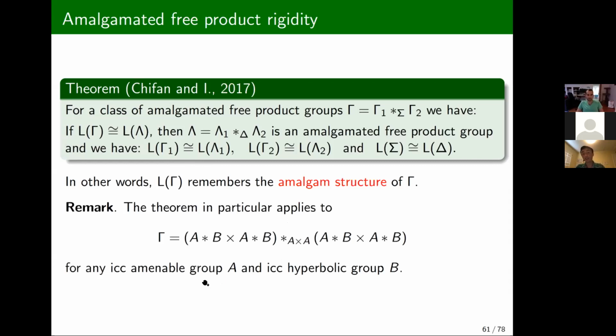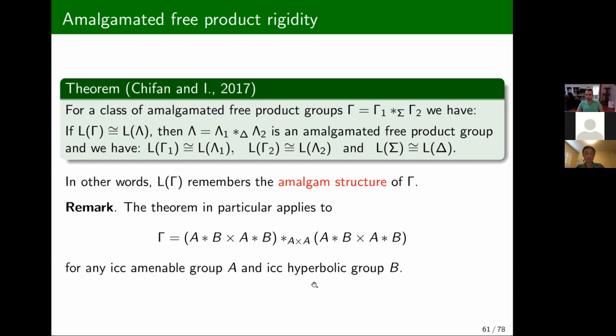So it applies in particular to the following groups. You take any ICC amenable group A, such as S infinity, and you take any ICC hyperbolic group B. And then gamma 1 will be the direct product of A free product B with itself. And gamma 2 will be the same group. These two groups contain natural copies of the direct product of A with itself, and that's the subgroup over which you amalgamate.